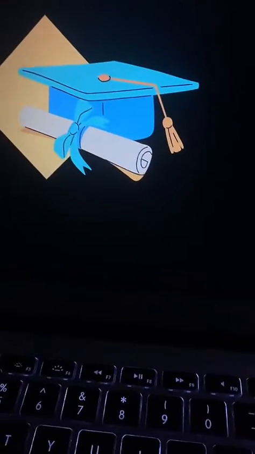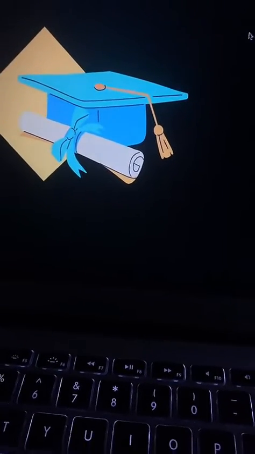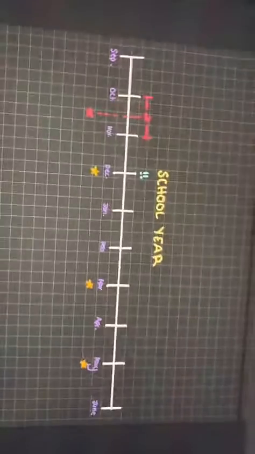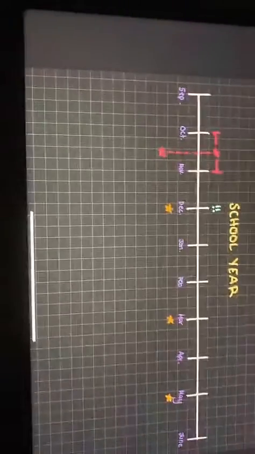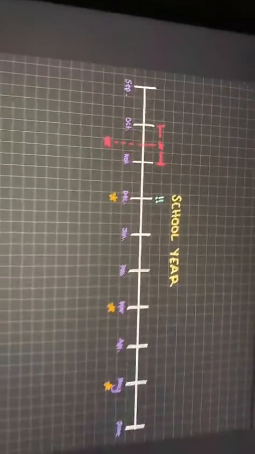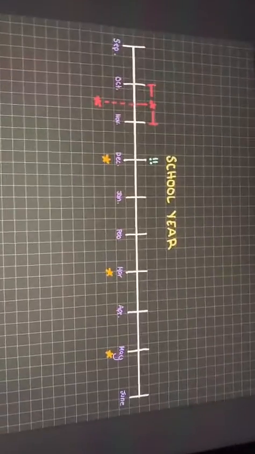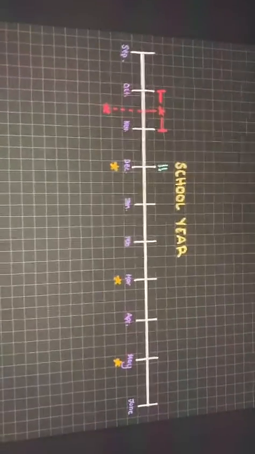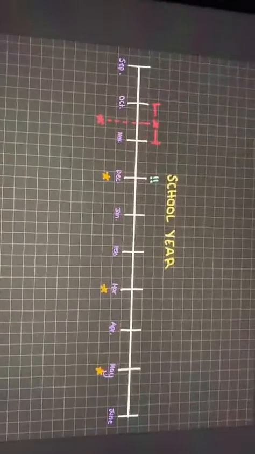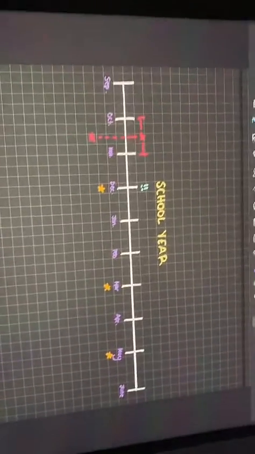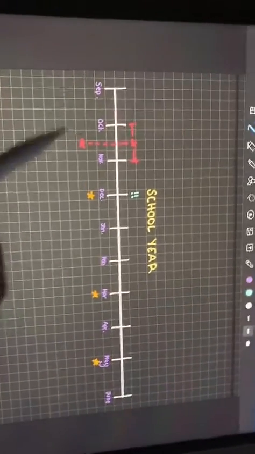I actually drew a graphic earlier because I knew questions like these would come up, so let me just pull it up. Okay, so if you want to imagine that this is your grade 12 school year, I'm going to point out some key dates to you as part of the application process. If you have any questions, I'll answer them. But basically, let's imagine this is your grade 12 school year.